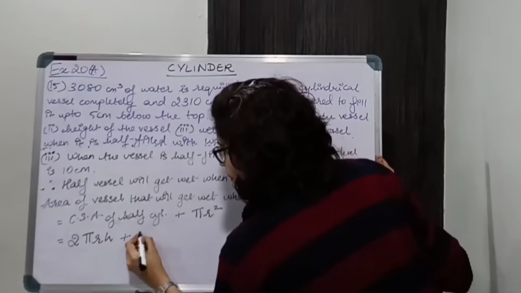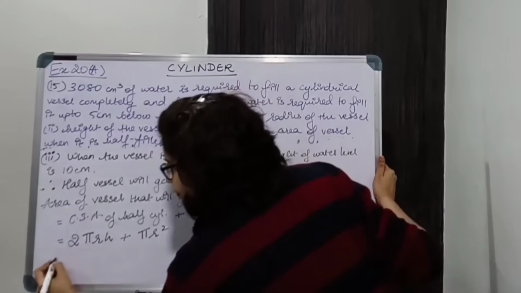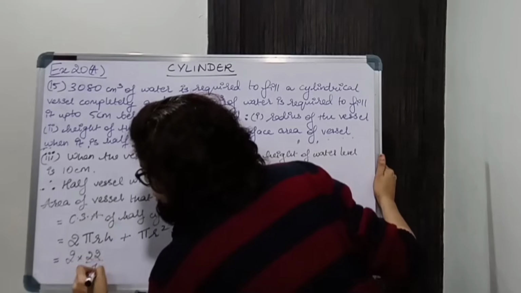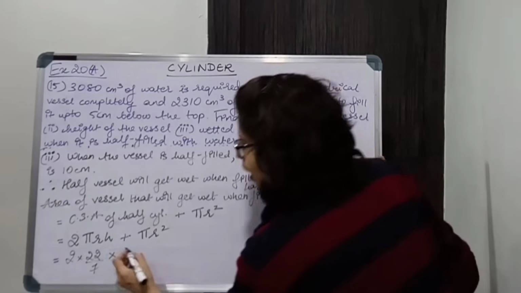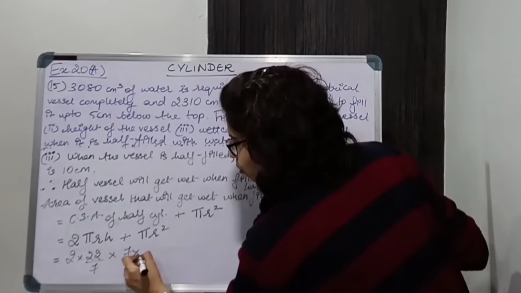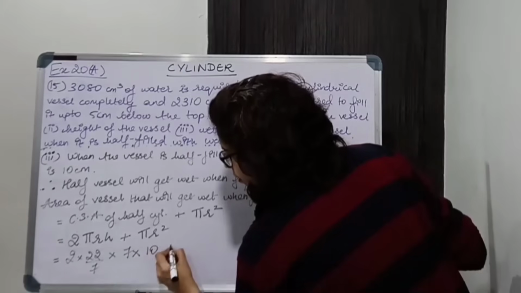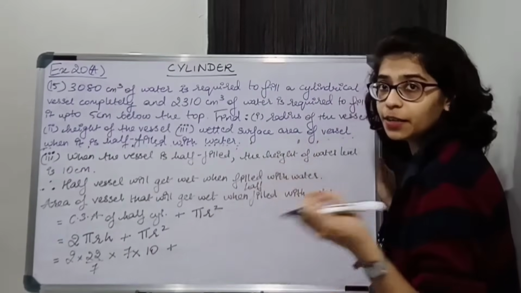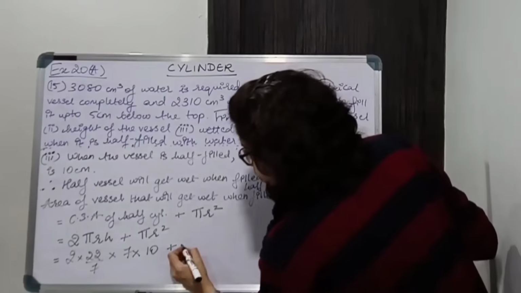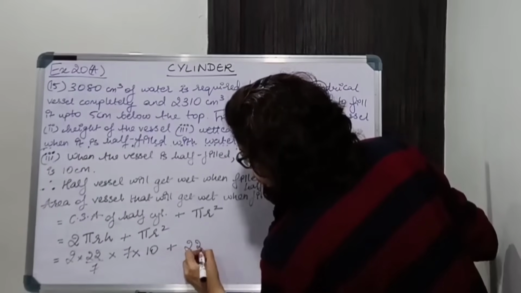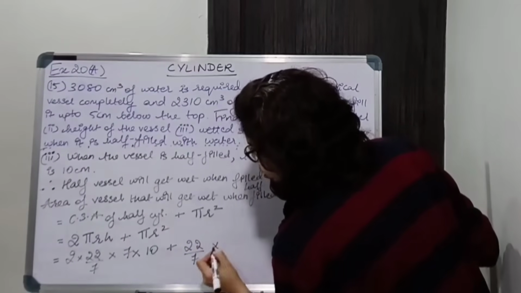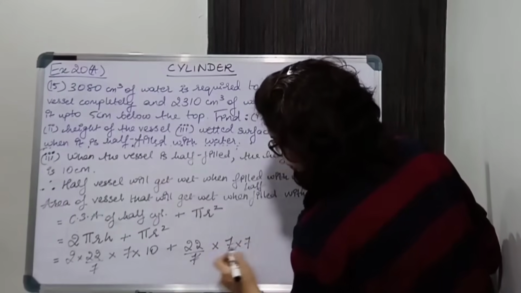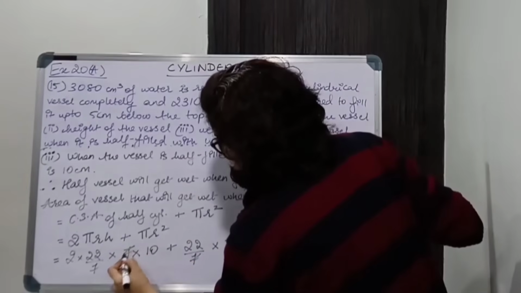Plus pi r square, 2 pi rh, 2 into 22 upon 7 into r is 7 into h is 10. Don't take it 20. ठीक है, if you are taking it 20 you have to divide it by 2. Plus 22 upon 7 into r square is 7 into 7 हो जाएगा. This gets cancelled.